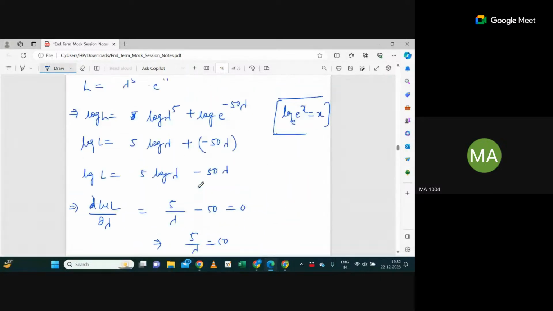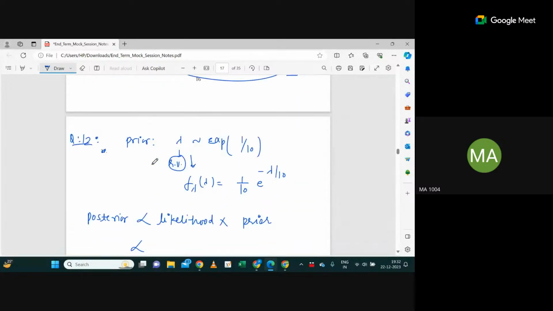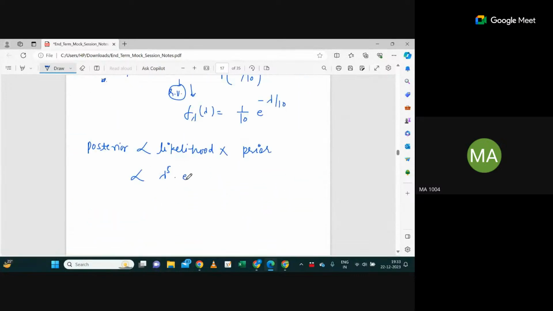The likelihood is lambda to the power 5 into e raised to the power minus 50 lambda. Any doubt till now? And what is the prior? The prior is 1 by 10 into e raised to the power minus lambda by 10. Is this clear?